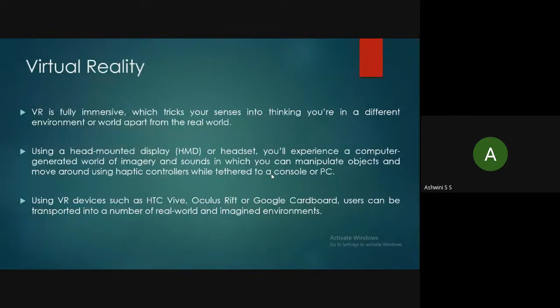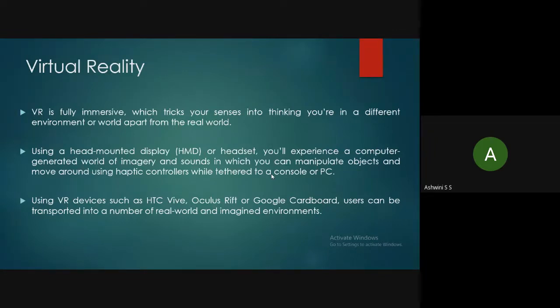Next comes virtual reality. Virtual reality is fully immersive, which tricks your senses into thinking that you are in a different environment or world apart from the real world. So the difference between augmented reality and virtual reality is that in augmented reality the person will be in the real world and will be analyzing the virtual world through his cell phone.